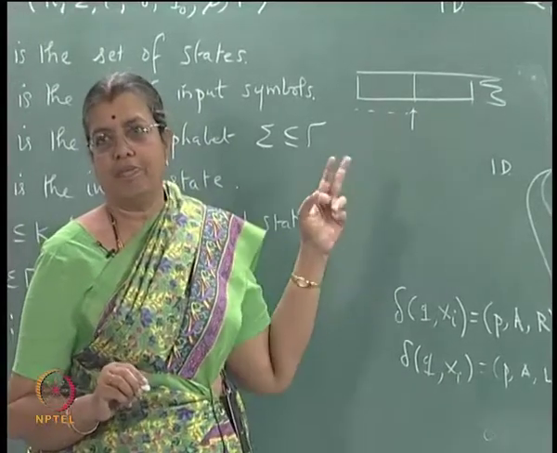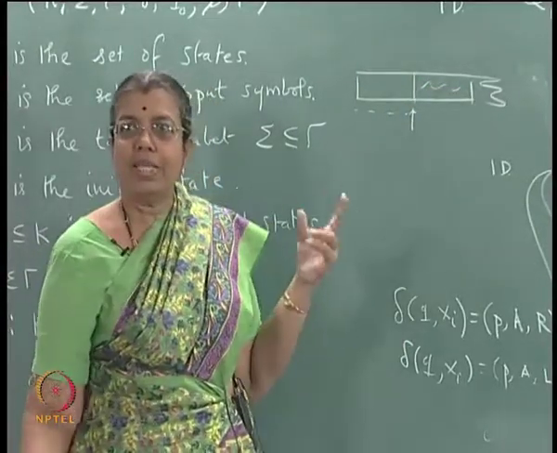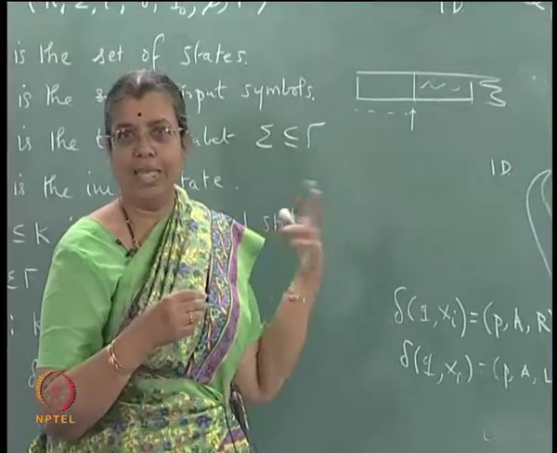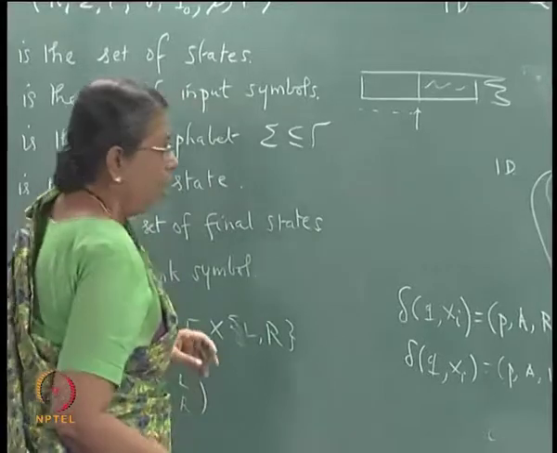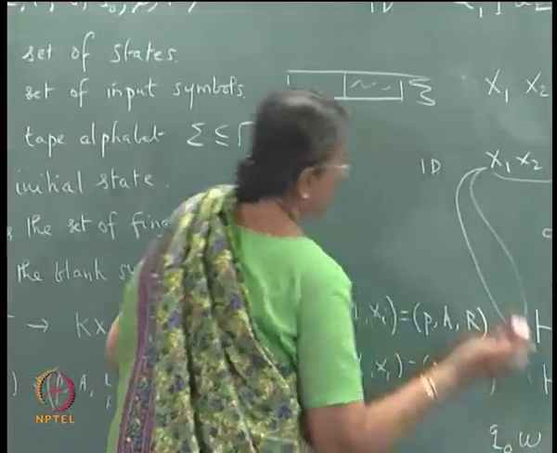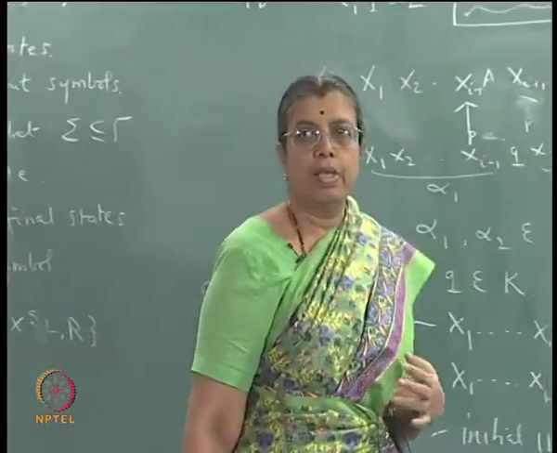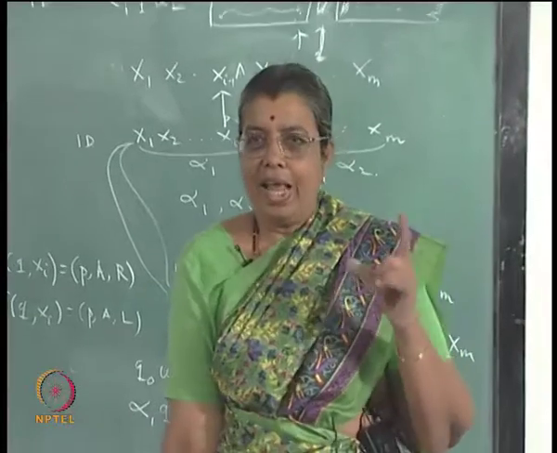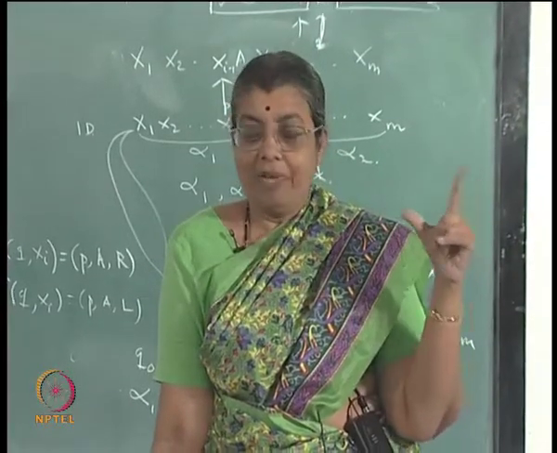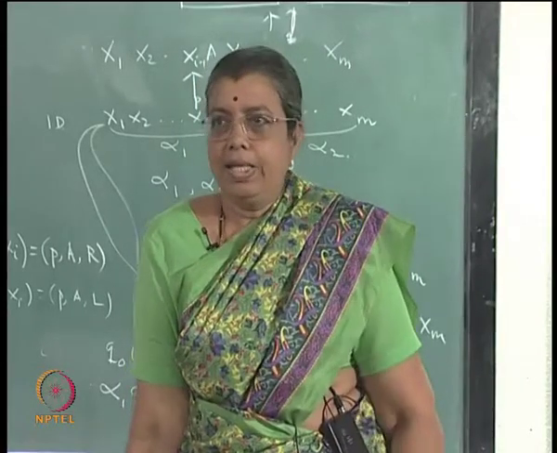It could be there are some symbols, not blanks. That means anything followed by sigma star, any string will be accepted. But for all examples you make sure that the whole input is read and it sees the leftmost blank symbol, and then only accepts.